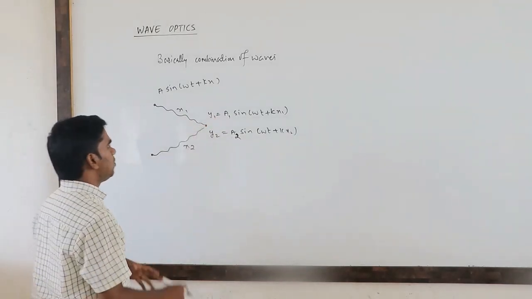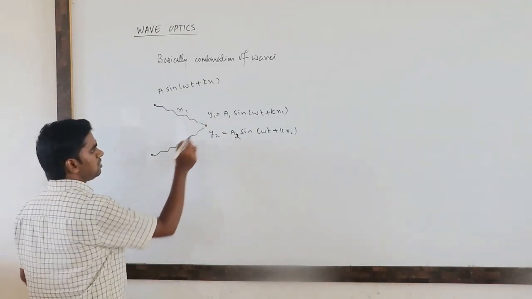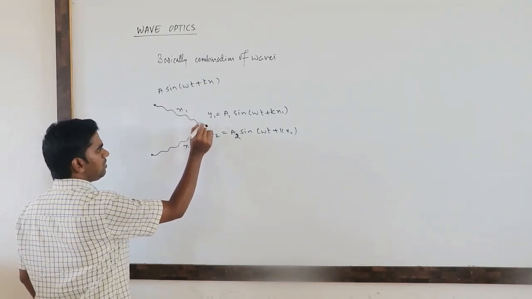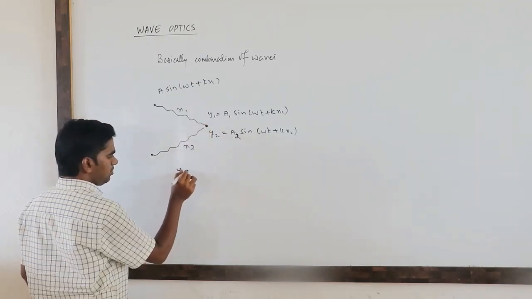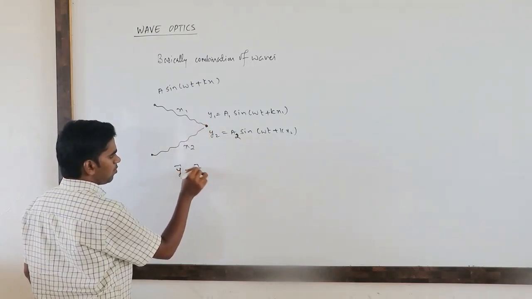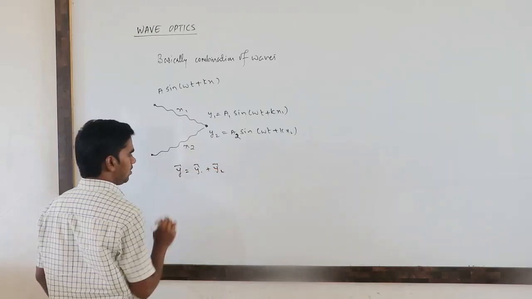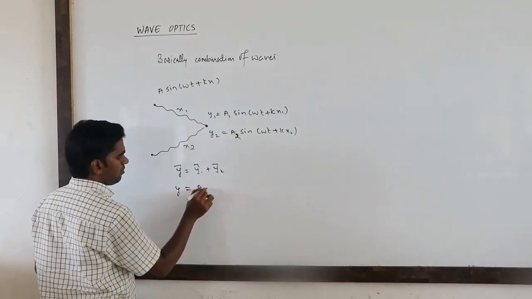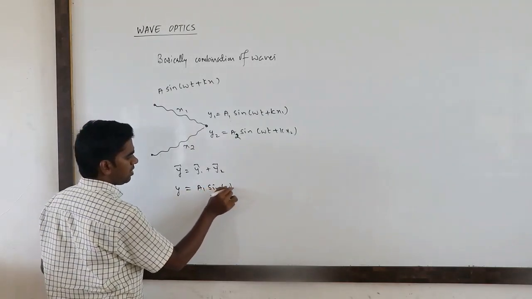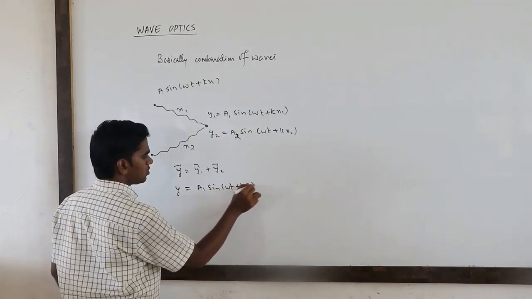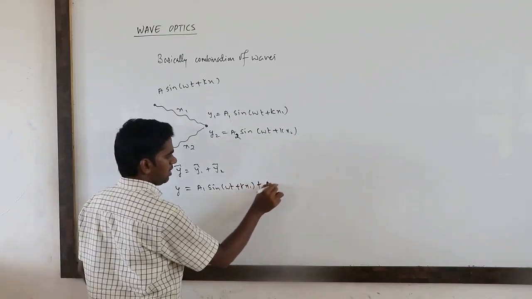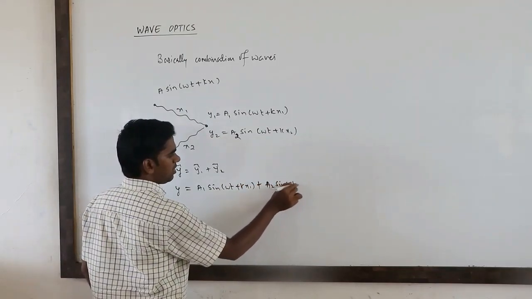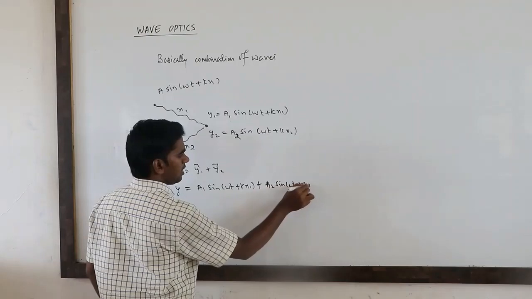So now at this point, for this particle, there are two waves, and both are SHM. What is the total wave equation for this one? It is nothing but the vector sum of y1 plus y2. So y equals A1 sin(omega t plus k x1) plus A2 sin(omega t plus k x2).